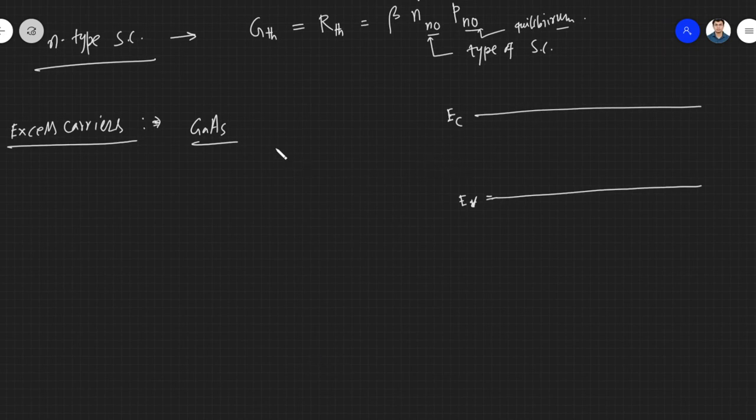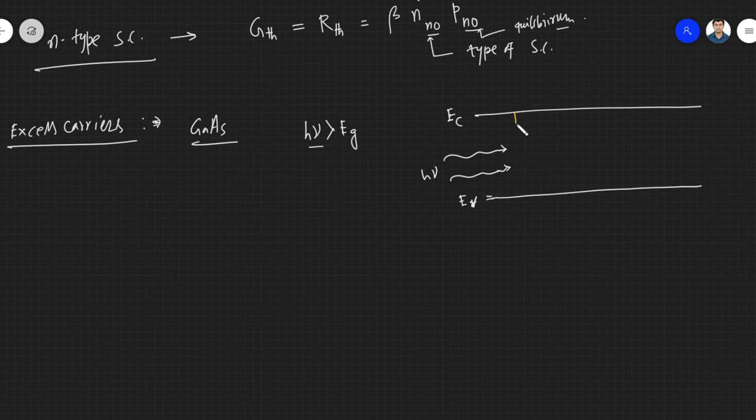If we shine light onto this gallium arsenide, we are supplying some external energy to the system. We have to maintain the condition that h nu is more than the band gap of the semiconductor, so these photons will get absorbed, and because of this there will be a generation rate.